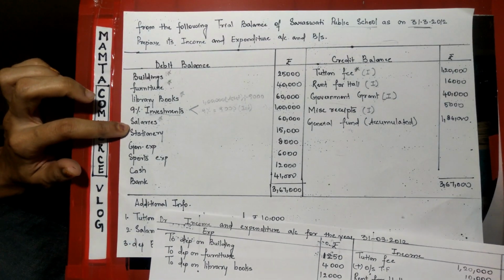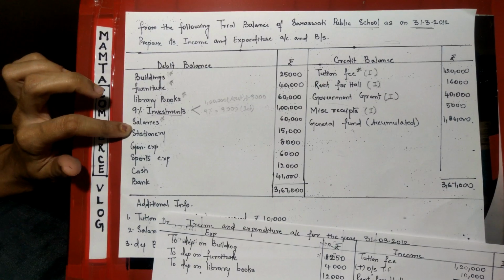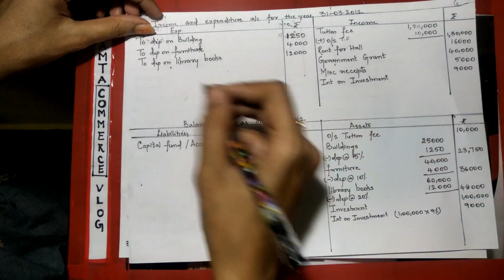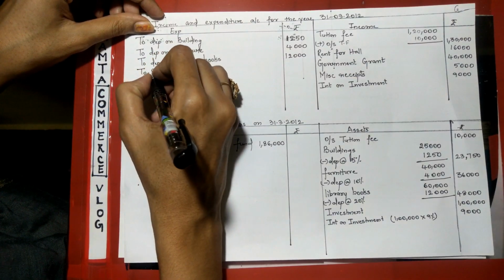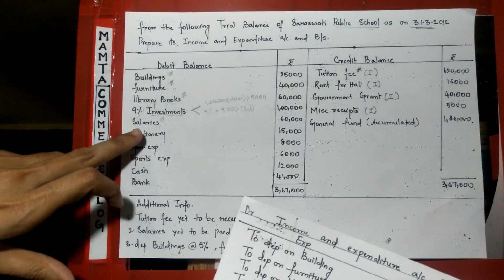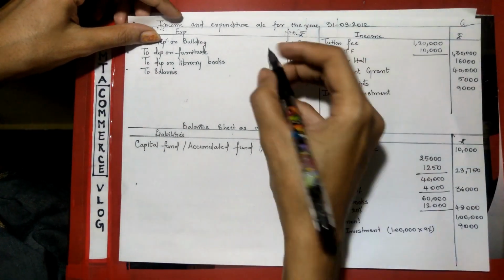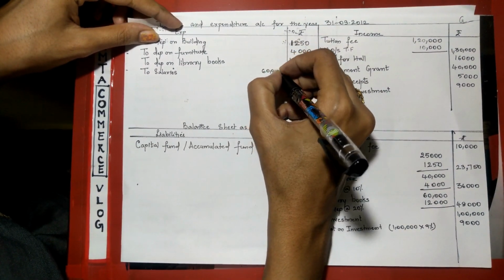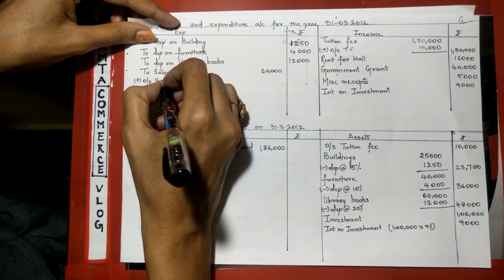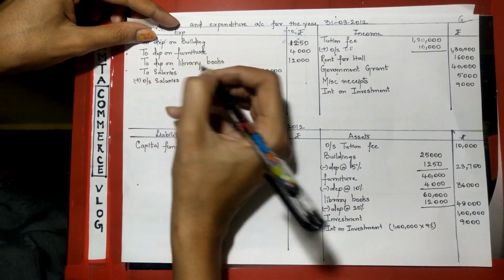Next we have salaries. Salaries is an expense to us. So on the expenditure side, I will write to salaries. As we have adjustment for this, I will write it in the inner column, and the value of salaries is 60,000. To this we have to add outstanding salaries, which is not yet paid.